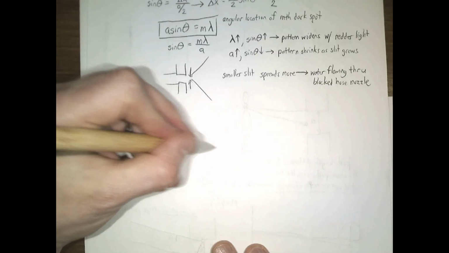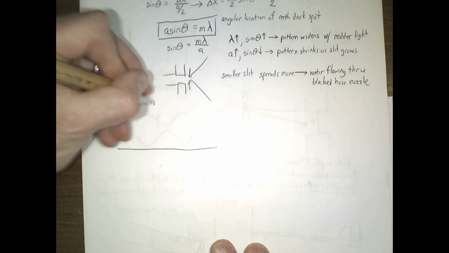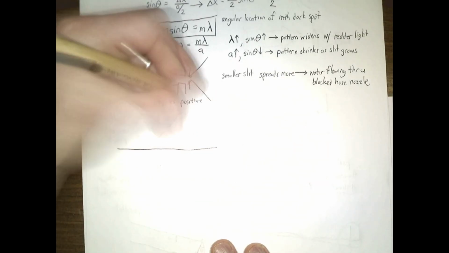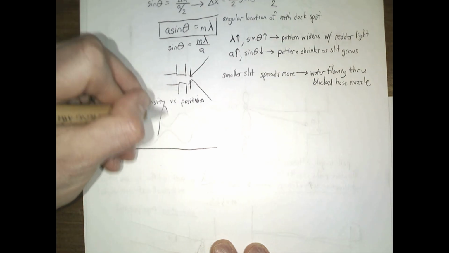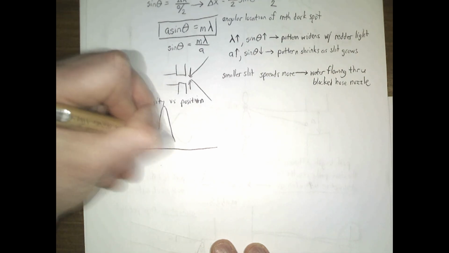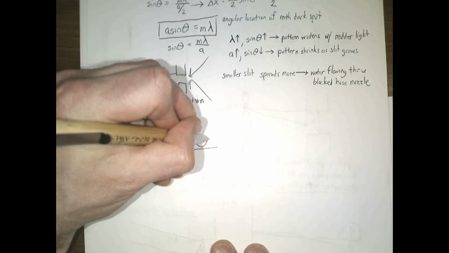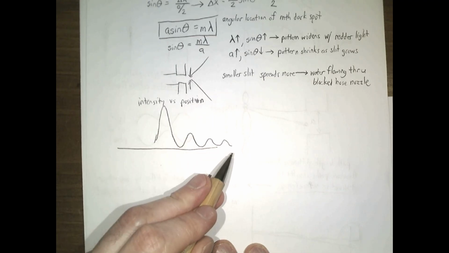We can map this out. Again, this is a graph of intensity versus position. So intensity is how bright the light appears. Position. You can imagine a big, tall spike at the center. It's very wide, and then it goes up, and then down, and up, and down, and up. So these would be the smaller bright spots that appear to one side.